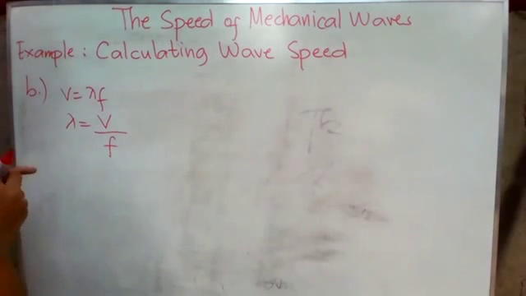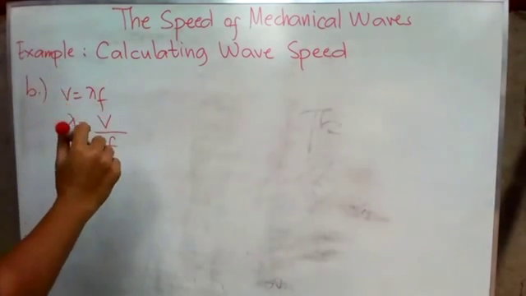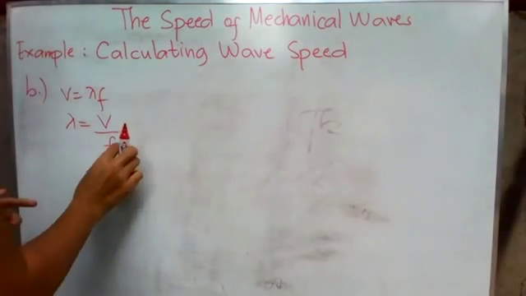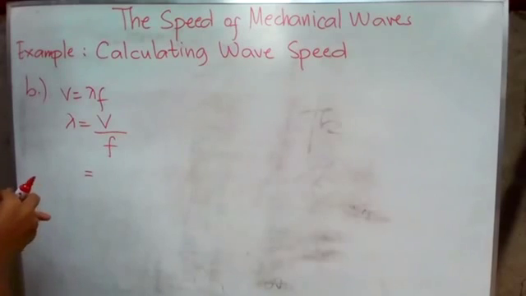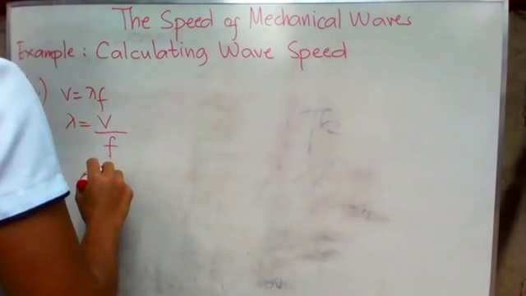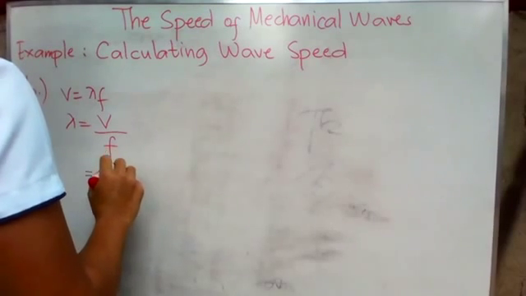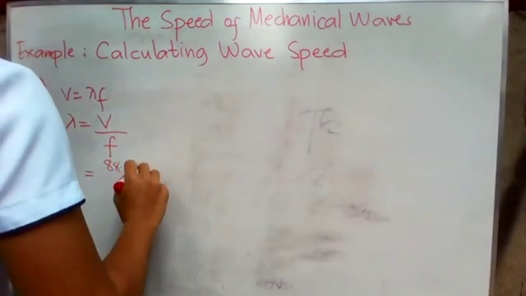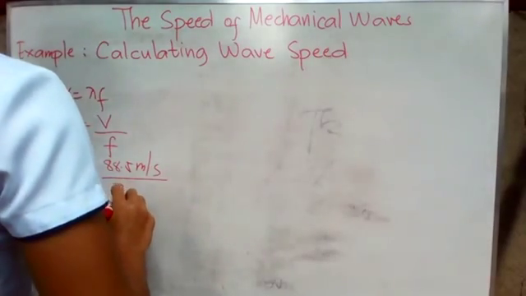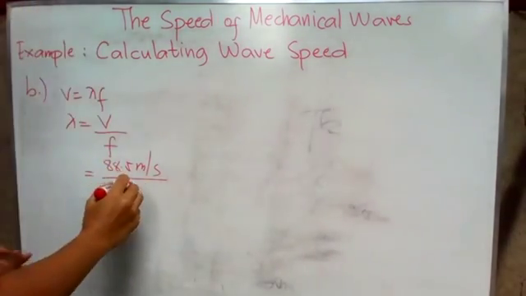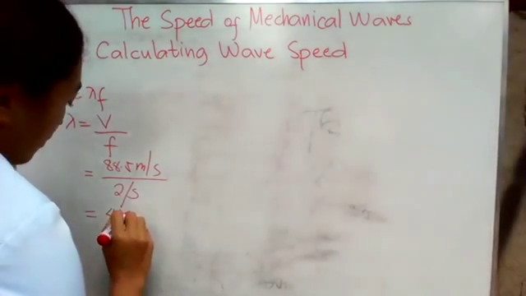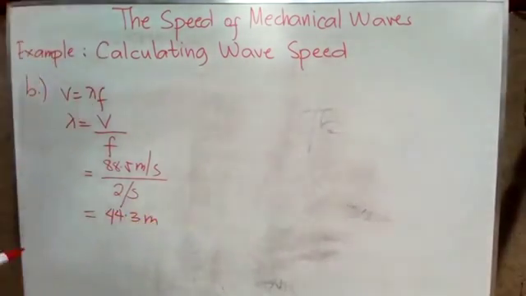Since we already have the wave speed from question A and the given frequency of 2 Hz, just substitute the values: 88.5 meters per second divided by 2 Hz, or 2 per second. Do the math. We have 44.3 meters.